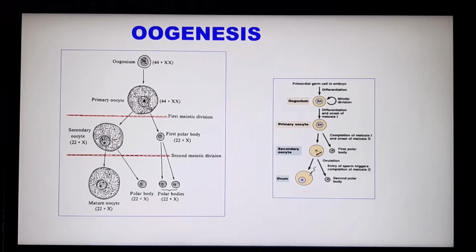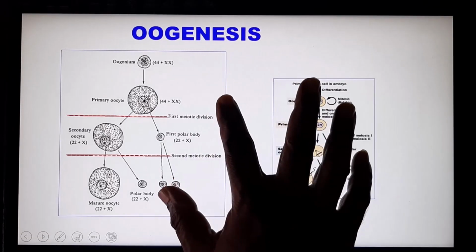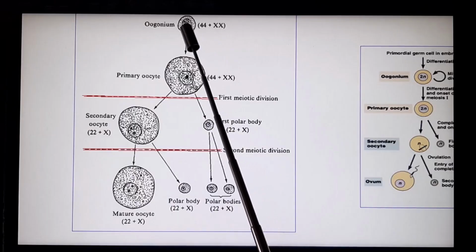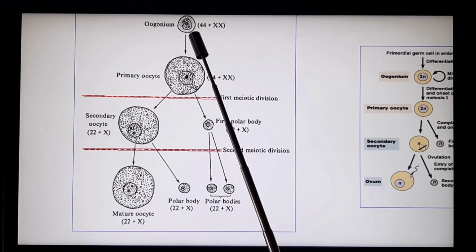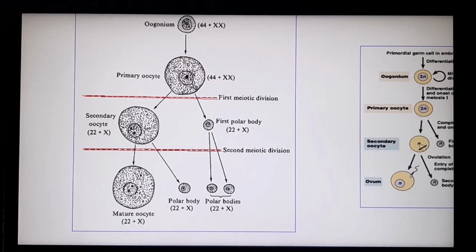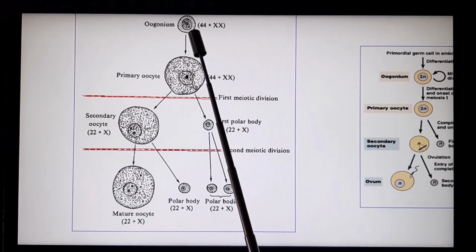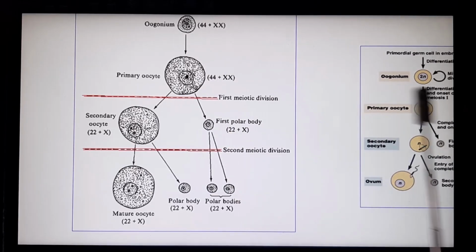Now let us see the schematic representation of the oogenesis. Have a look at it. The oogonial cells that form from the primordial cells, the oogonium, are both diploid, 44 plus XX. Here, XX belongs to female development of the ovum.